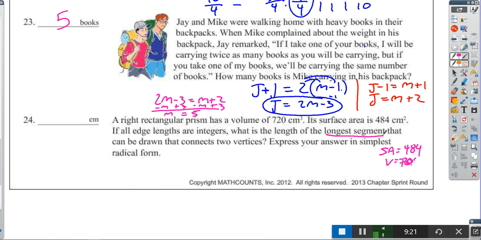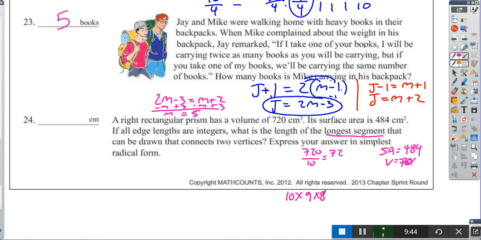So I'm going to take a stab in the dark. I'm going to say 10 is one of the dimensions. So if I go 720 divided by 10, obviously I'll get 72. Well, the easiest combination for that is 9 and 8, right? So I'm going to go with 10 times 9 times 8.